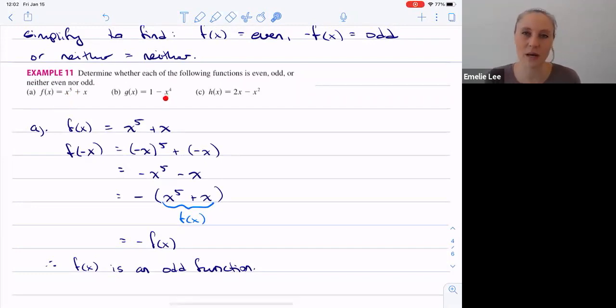Here, my highest power of x is 4, which is even. So if anything, it's going to be even, right? And so that's just kind of a quick check-in point. Same thing here, x squared, the highest power is 2. So if anything, it would be even. Right?